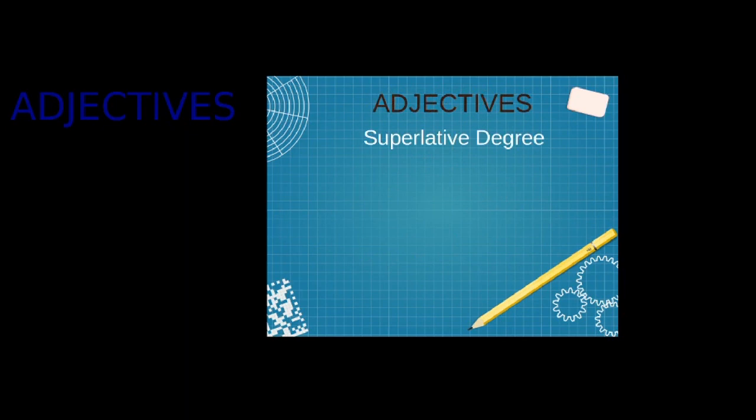How is it made into its superlative degree? It's made into its comparative by adding ier, and so how will it make its superlative degree? By replacing y and adding iest.